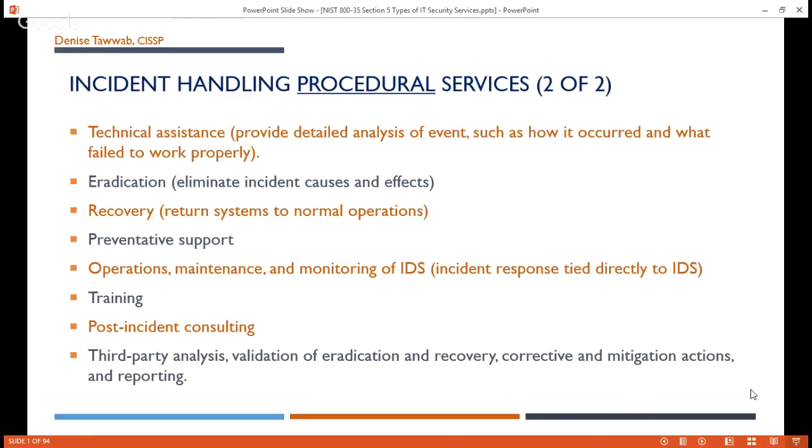Preventative support, operations maintenance and monitoring of your intrusion detection system. Training, post-incident consulting, like it happened, now what do we do? And third-party analysis, validation of eradication and recovery, corrective and mitigation actions, and reporting. Somebody has to do all of that.